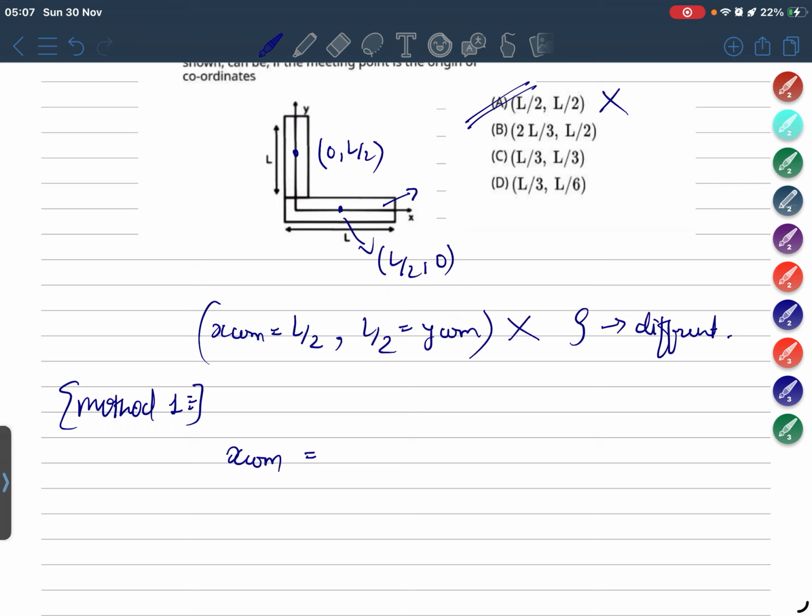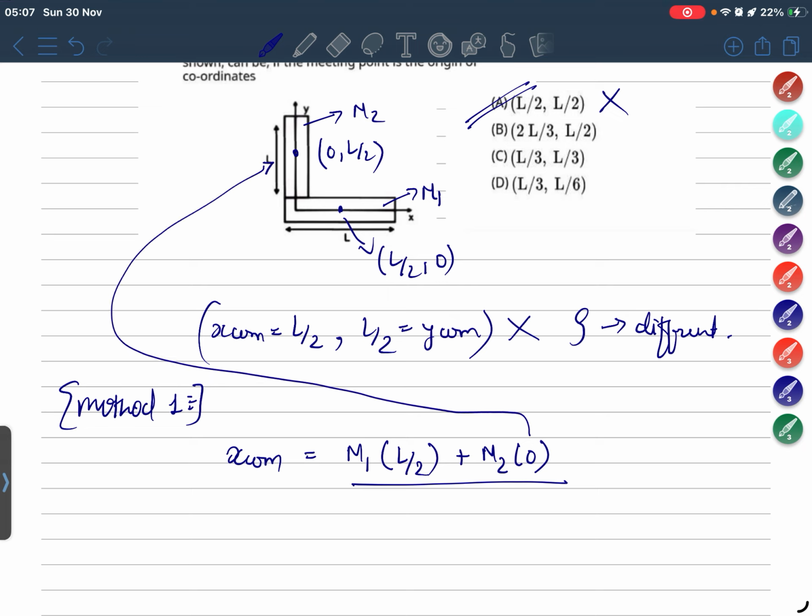Let's say the mass of this rod is M1 and the mass of this rod is M2. So XCM is M1 into L by 2 plus M2 into 0, because the x coordinate of this rod is 0, divided by M1 plus M2, and similarly YCM will be M2 L by 2 divided by M1 plus M2.